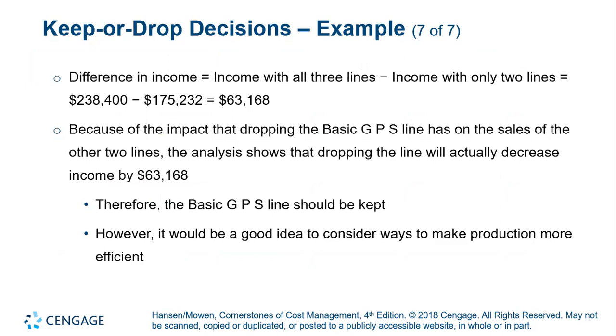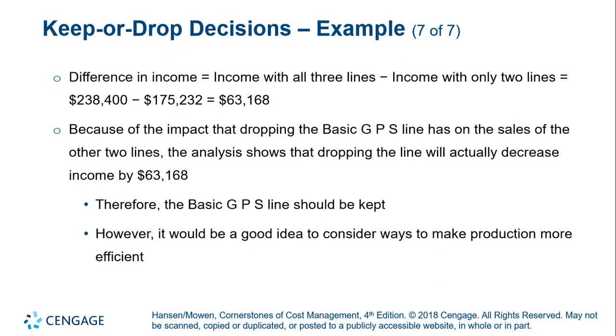So the difference in income is income with all three lines and income with only two lines. If you have three lines, including the basic GPS, you'll have this income. But if you have only the two products to maintain, your income is 175,232. There is a difference of 63,168 because of the impact that dropping the basic GPS line has on the sales of the other two lines.